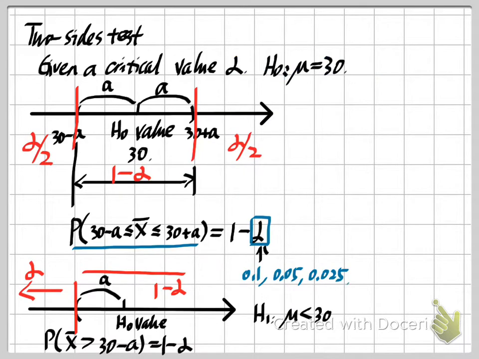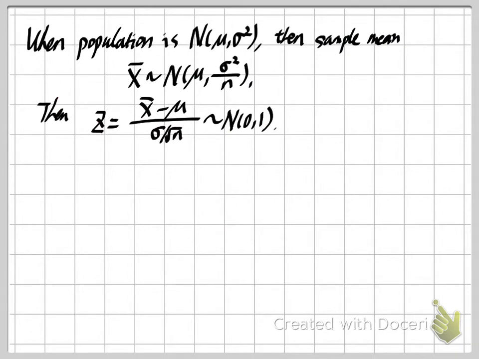If our population follows a normal distribution, as you can see from our videos about the normal distribution and about linear functions of several random variables, the sample mean will also follow a normal distribution. The mean is still mu, however the variance becomes sigma squared divided by n, where small n is our sample size.